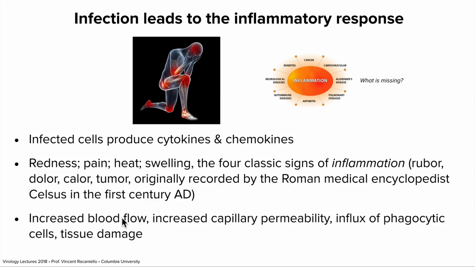And these effects are all caused by cytokines and chemokines that are induced by not only infections, but by these diseases, and as I said, exuberant exercise as well. That's the inflammatory response. It is not necessarily caused by infection, but it can be.